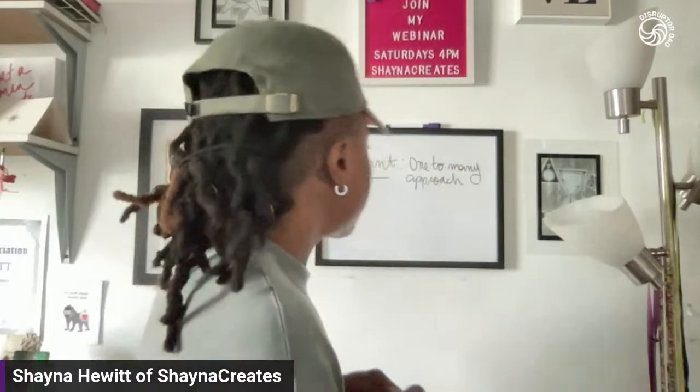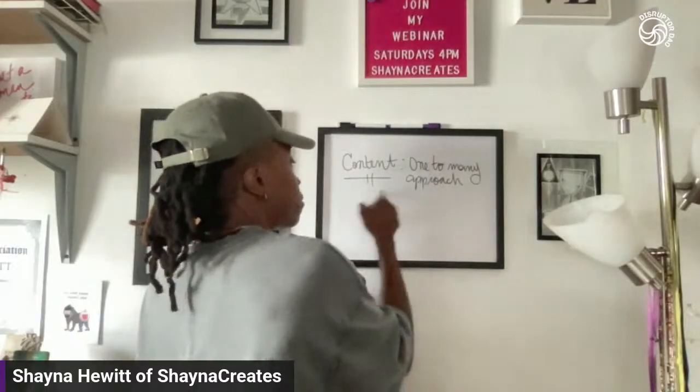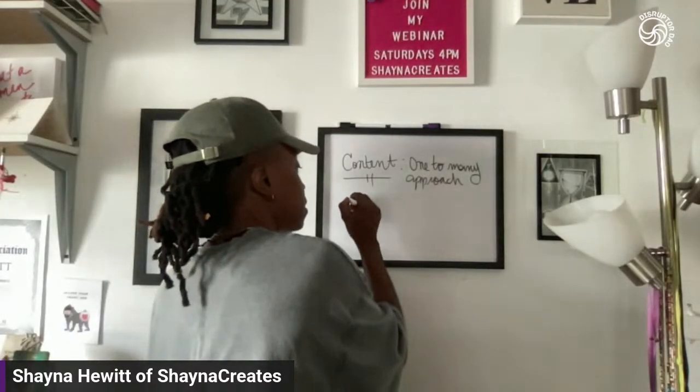Nonetheless, content is the way that we get our leads to do one particular thing before there are customers, right? Because there's a process that happens. There are steps to people actually being able to say, okay, I want to give this person my money, right? So we're going to talk about that first step within content.